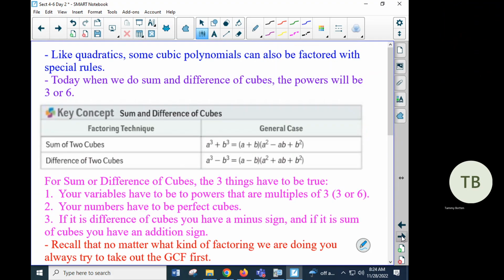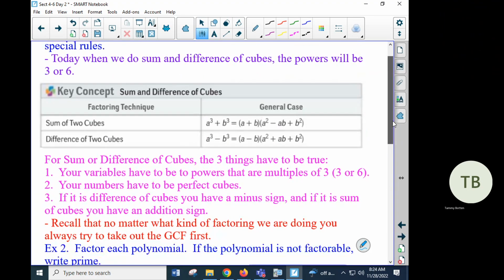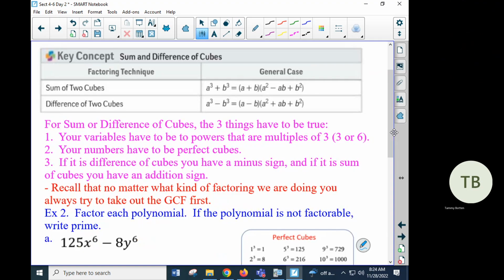All right, so now if we look here, the second type of factoring that we know is sum or difference of cubes. So this one can be plus or minus with the cubes. If it's plus, you're going to use this formula. If it's minus, you're going to use this formula.